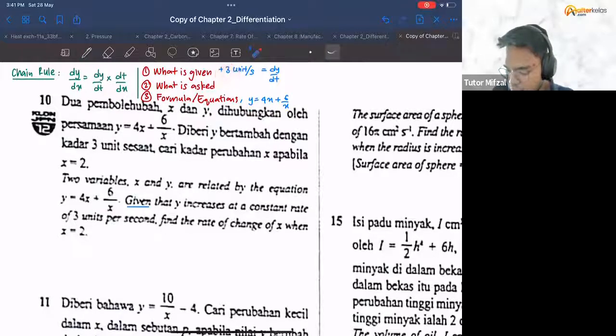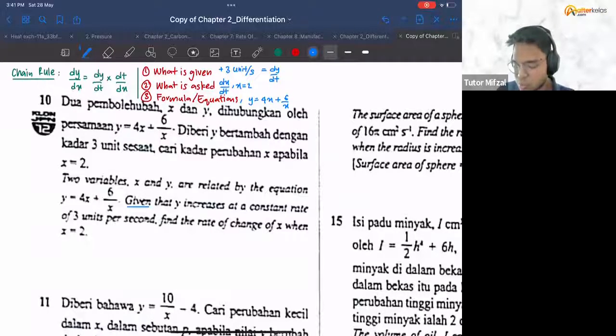Because here it says y increases at a constant rate. So this is referring to the change in y is positive 3 per second. And finally, what is asked? What is asked is the rate of change of x when x is equivalent to 2. So what they want is for us to find dx over dt when x is equivalent to 2.